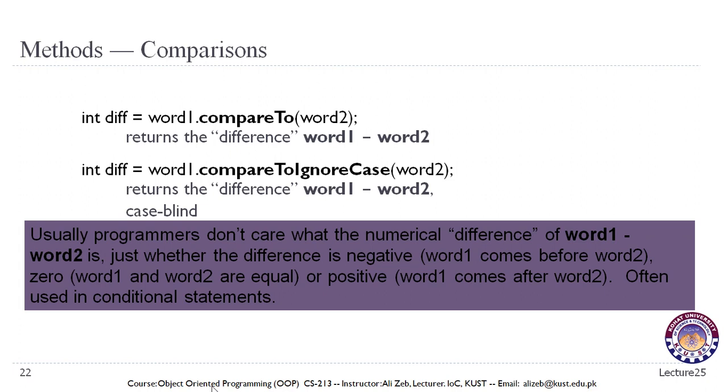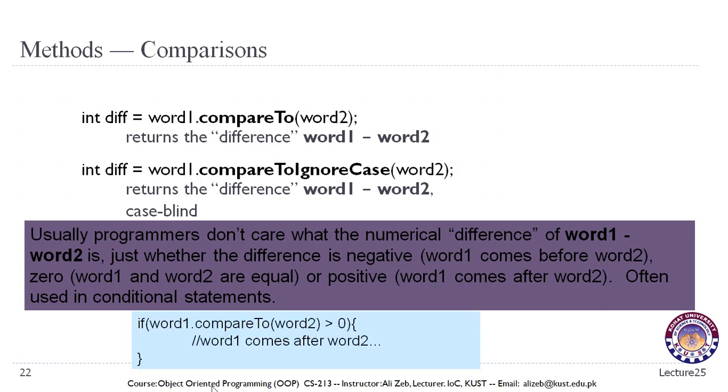And these are often used in conditional statements. We will look at examples of using comparison methods. So this is an example where we can use the compareTo method. If word 1 comes after word 2, then maybe do something.